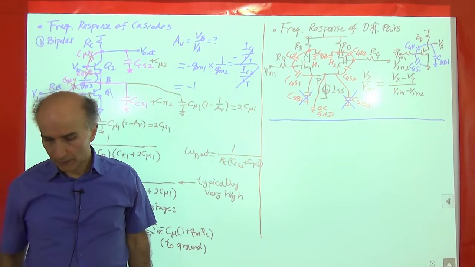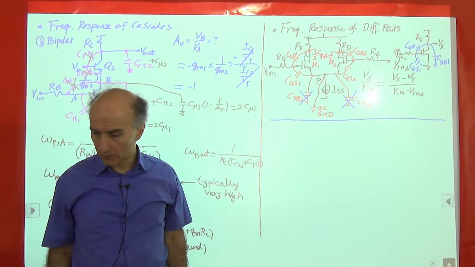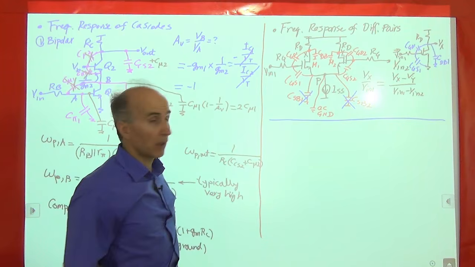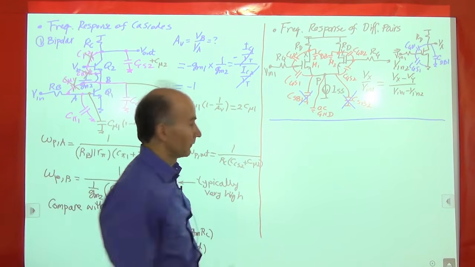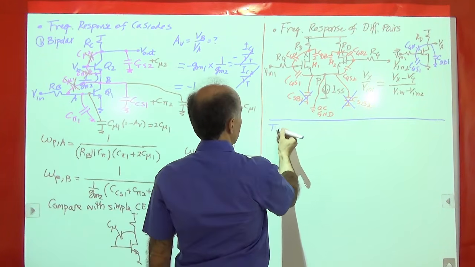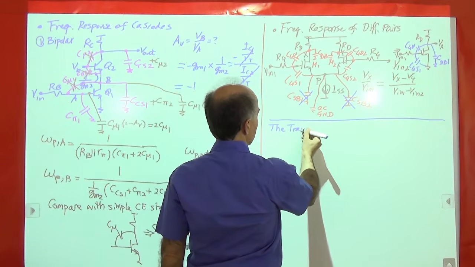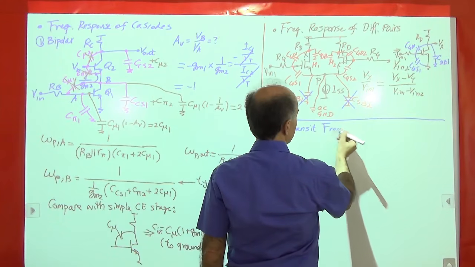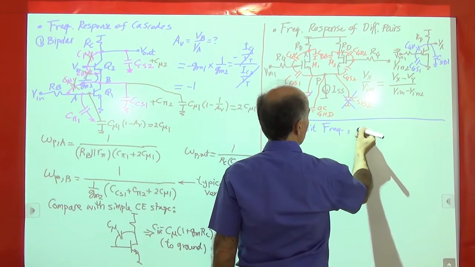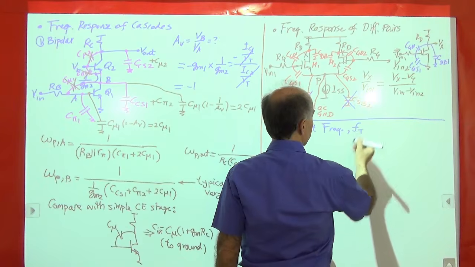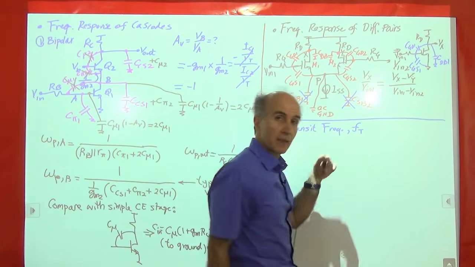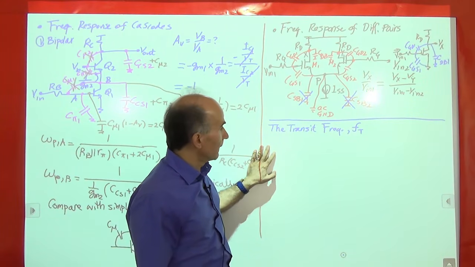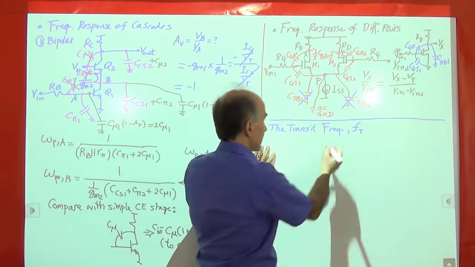The last topic I wanted to go over here today is the notion of the transit frequency. So let's talk about that. The transit frequency, which we denote by f sub t, lowercase f, uppercase T. So what does that mean?